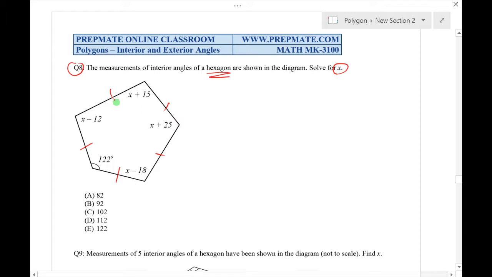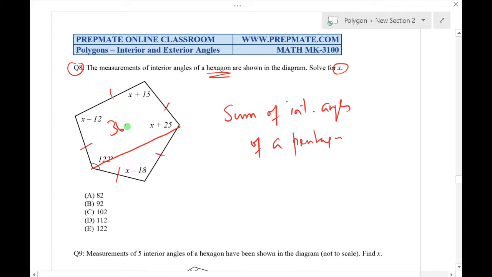So we should remember the sum of the interior angles of a pentagon. How much is it? Very simple. Split that: this is 360, this is 180, therefore it's going to be 540. Do you agree with that?